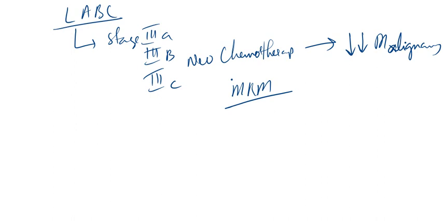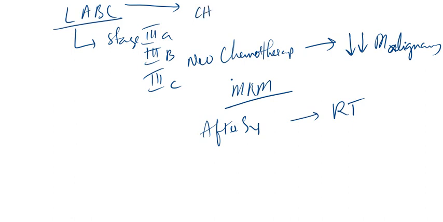Now post surgery, what will you do? After surgery, we will go for radiotherapy to prevent the recurrence. So what is the management of LABC? Neoadjuvant chemo plus surgery, that is MRM, modified radical mastectomy, plus radiotherapy.